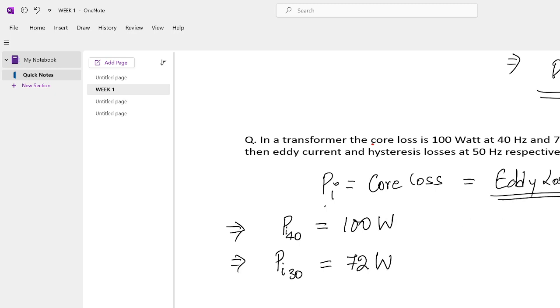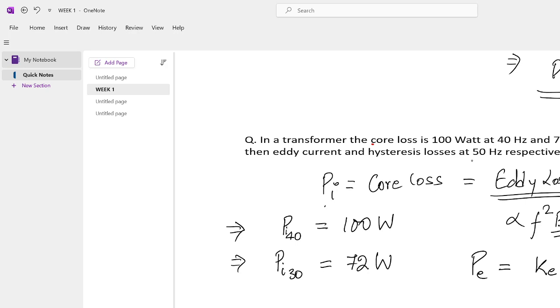Now eddy loss is proportional to frequency square and operating flux density square, and hysteresis loss is proportional to frequency into B to the power of some constant. Since operating flux density in a transformer is constant, the eddy loss Pe is some constant Ke into F square.